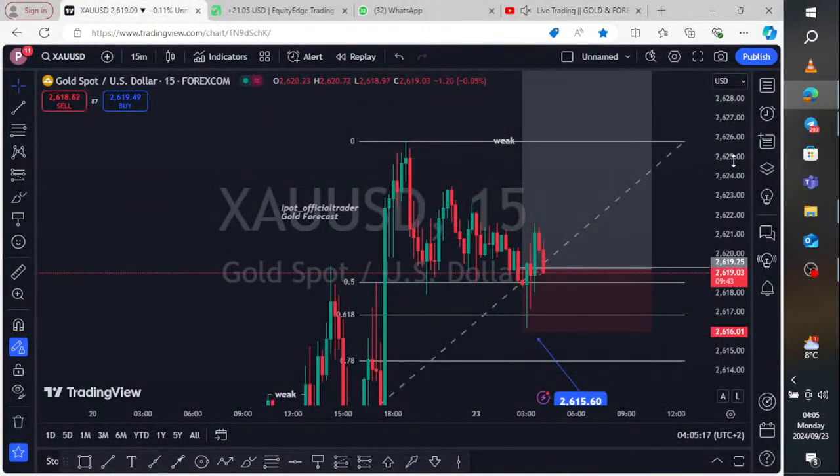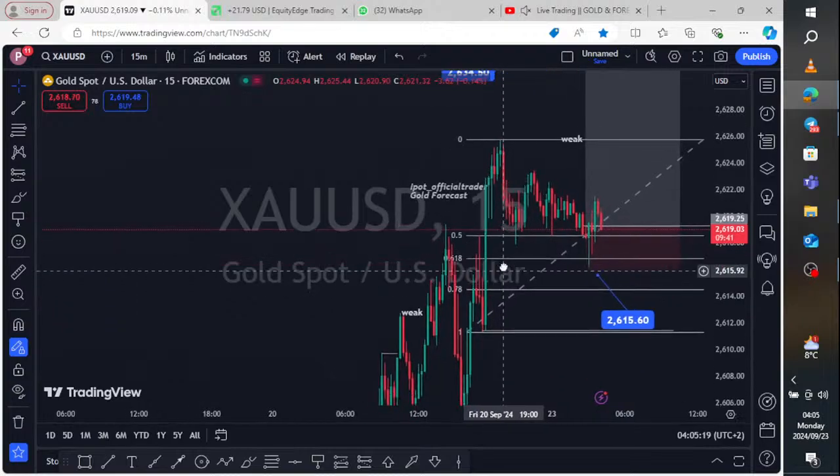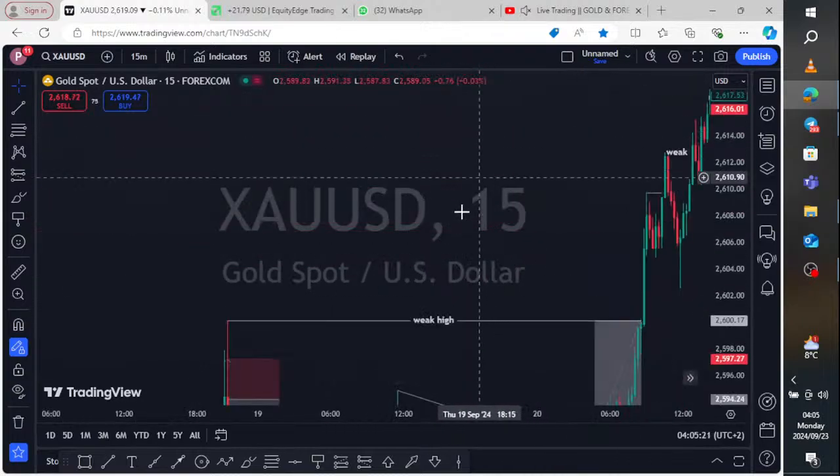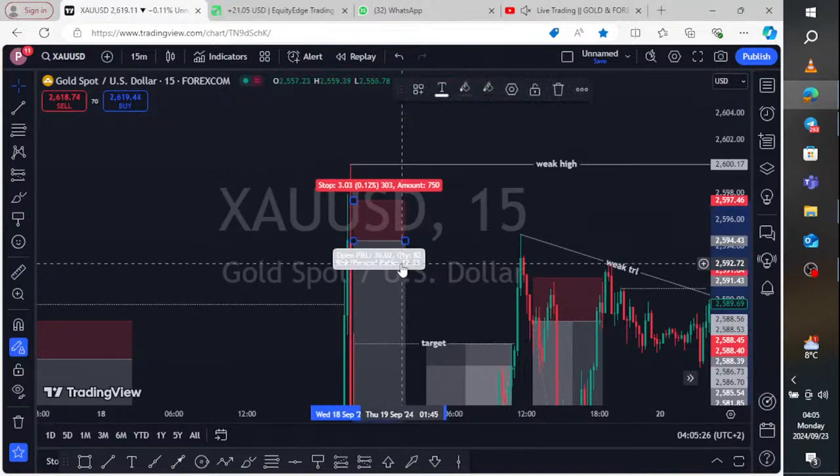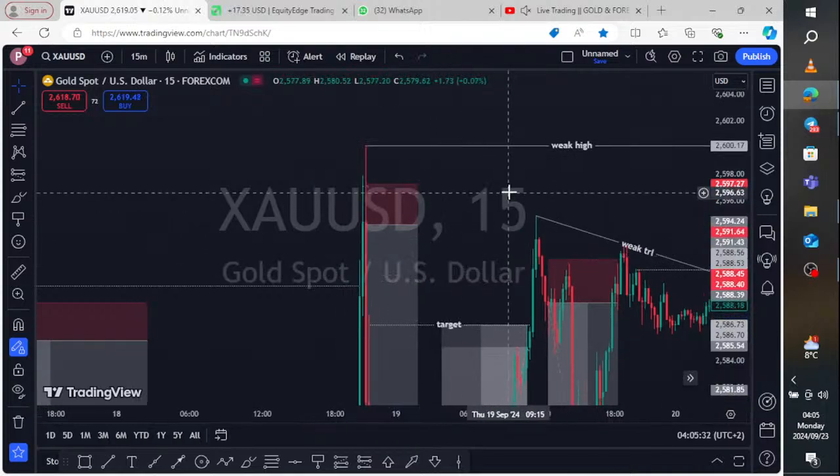But just to be on that part, any high can be strong. A high in general doesn't mean it's weak just because it's an all-time high. No, it doesn't. That's not what I'm saying.